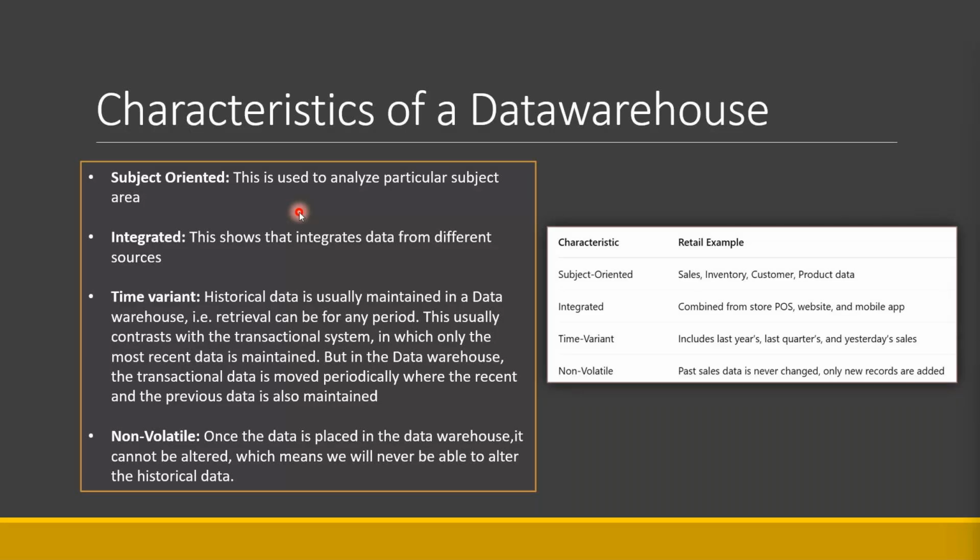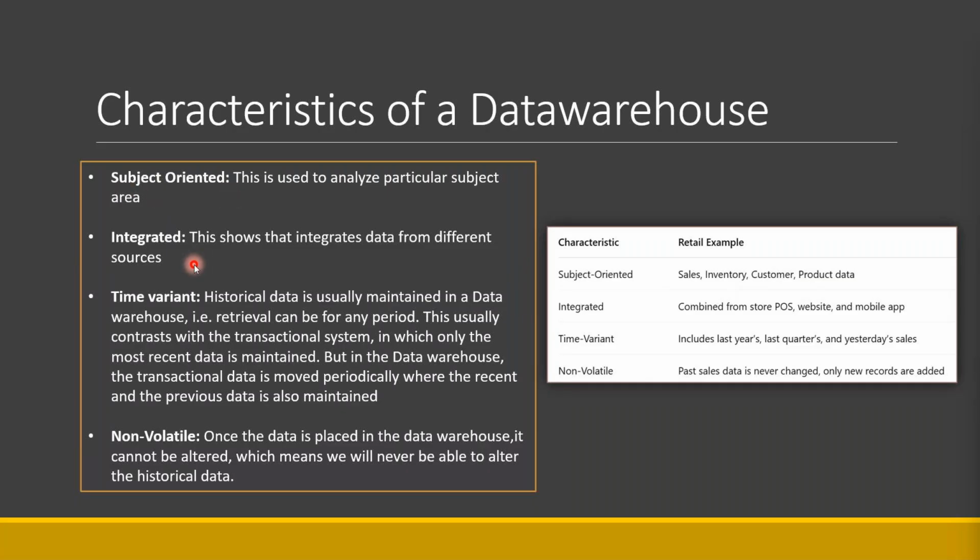Like in the retail example, let's say we have a sales data warehouse. There can be an inventory data warehouse, which will hold only inventory related information. The same goes with customer information, a customer data warehouse, or a product data warehouse. That is how the subject oriented characteristic is defined.